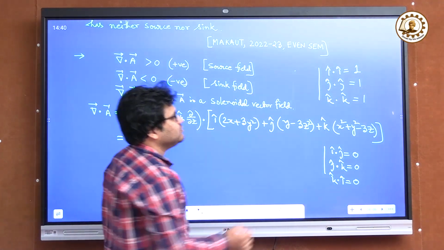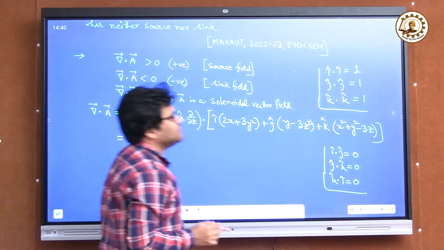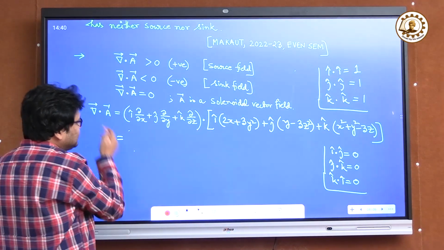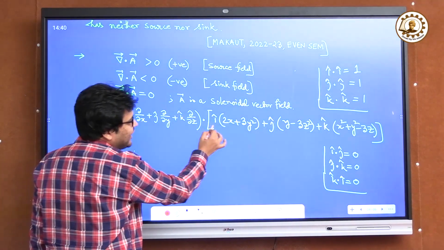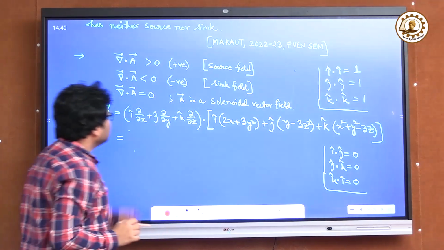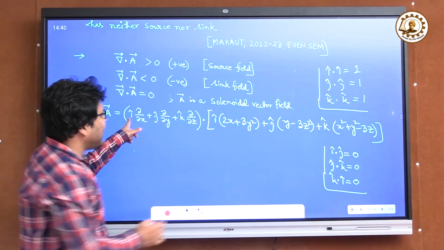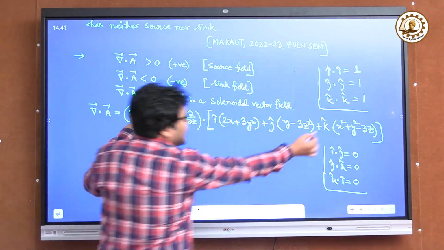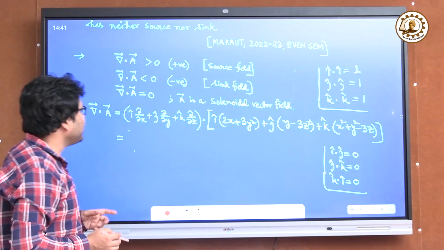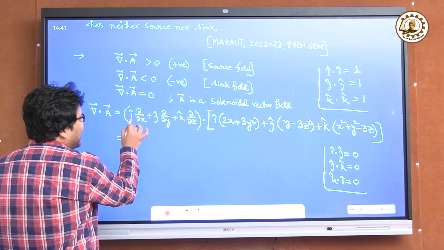So we have to remember these relations. Now, if we multiply this i cap term with i cap, j cap and k cap, i cap dot i cap results 1, i cap dot j cap results 0, i cap dot k cap also results 0. So as a net result, we just have a single term, that is i cap dot i cap.